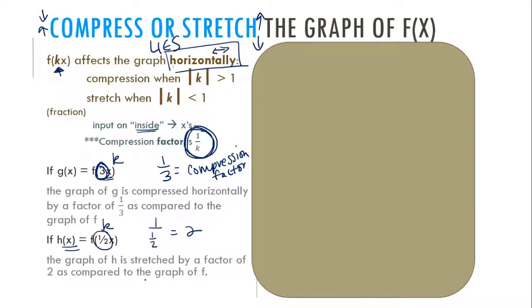So they're opposite what you really see. Since this is a positive 3, I really put that over k, so it becomes 1/3. And then if I have a compression factor given to me of 1/2, I'm really flipping it because I'm taking the reciprocal, so it becomes 2.